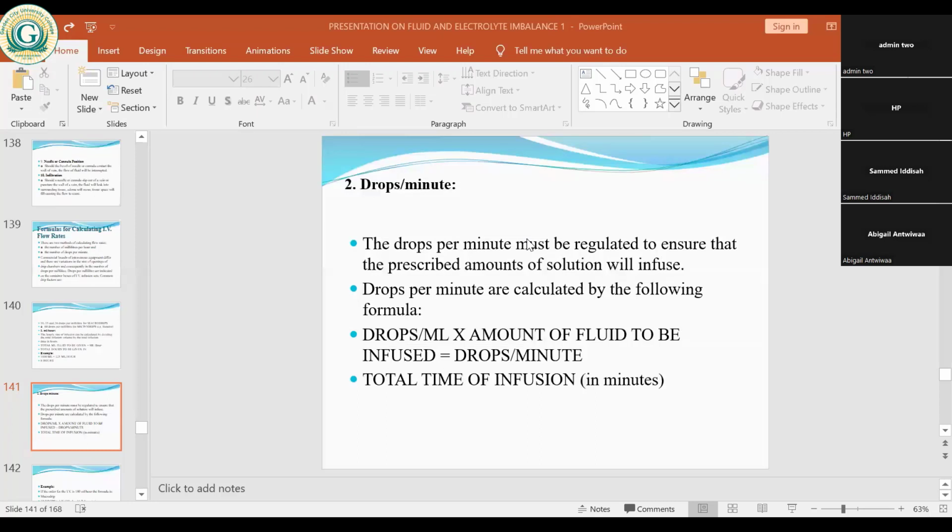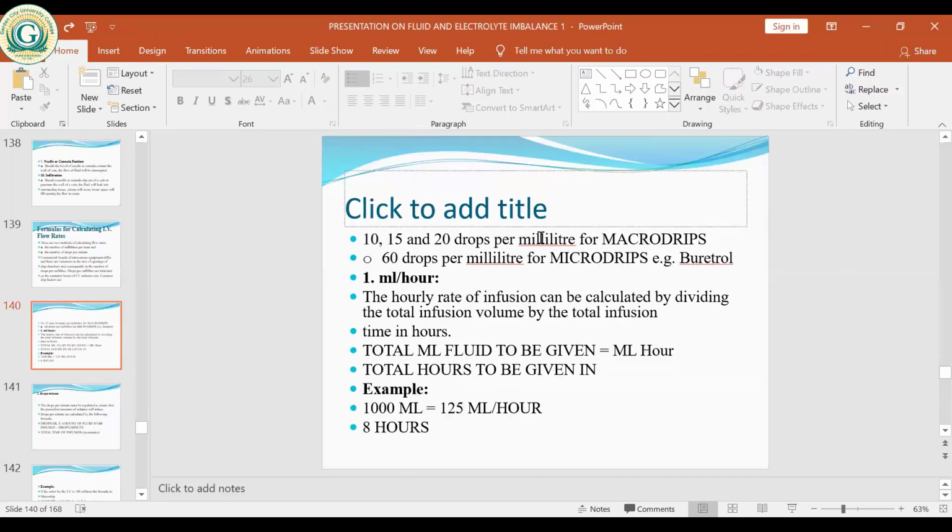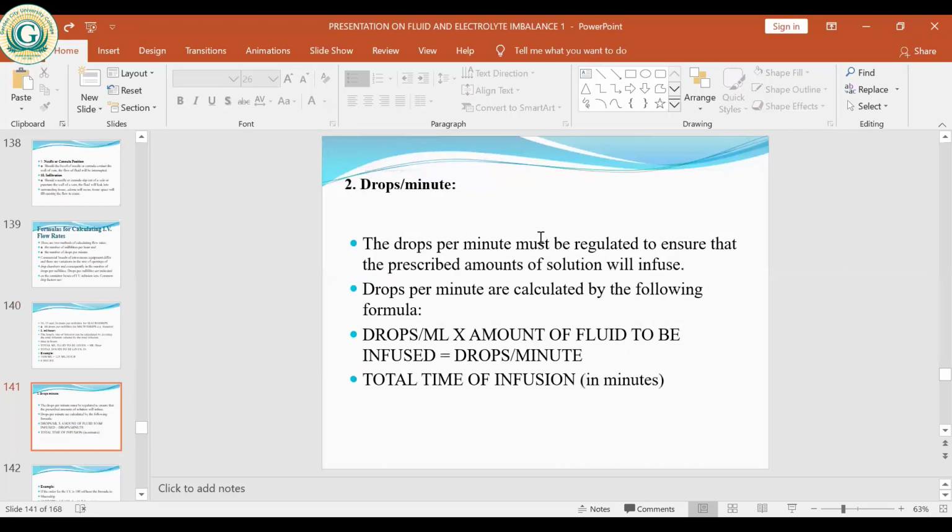Question 1. A. Calculate the drops per ml, or ml per hour, of this infusion.